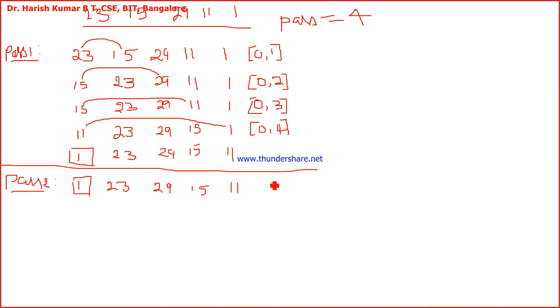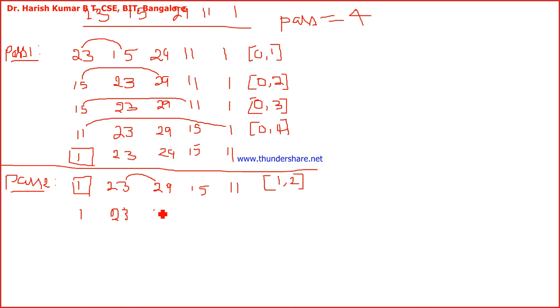Now in pass 2, you are comparing the element which is at index 1 with the element which is at index 2. Now it is 23 and 29. Now 23 is already lesser than 29, so it takes the same position.